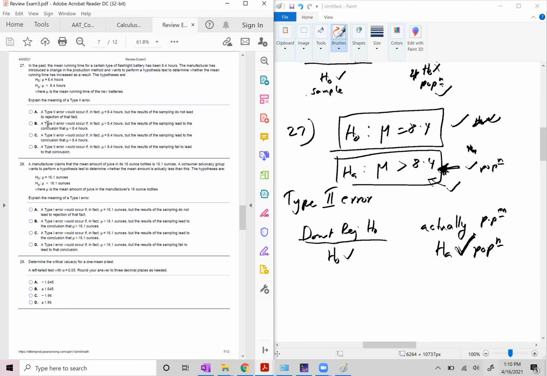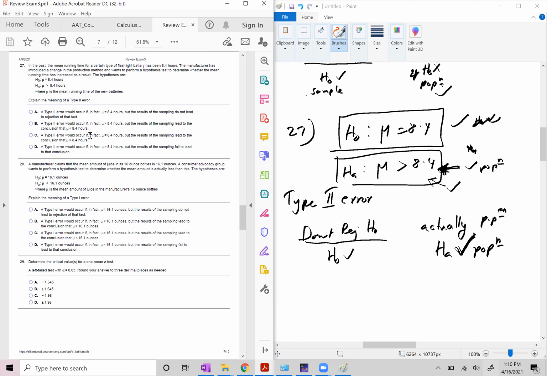B. A type 2 error would occur if in fact mu is greater than 8.4 hours. Yeah, that's good up to there. But the results of the sampling lead to the conclusion that mu is less than 8.4 hours. Now, note this.